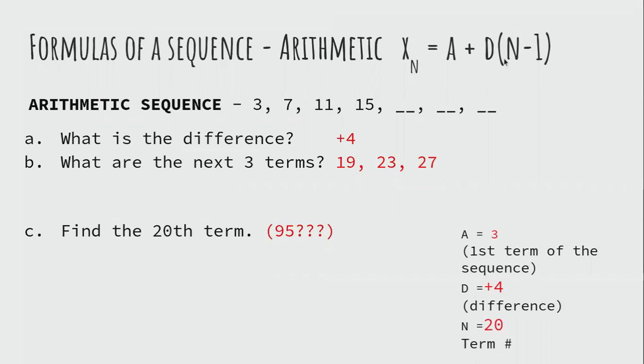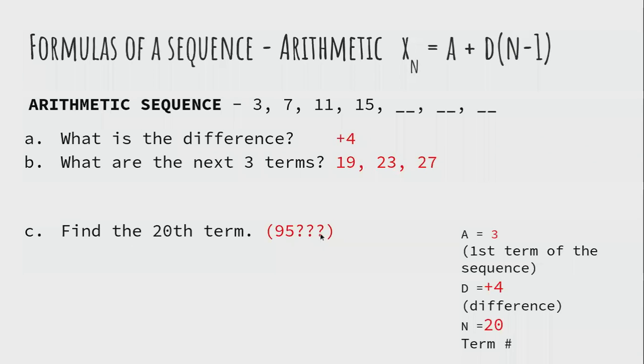So from the formula, we remember that the A means the first term of the sequence. D is the difference. So D, our difference was 4. And then N is the term number. What term are we looking for? So we are looking for the 20th term.